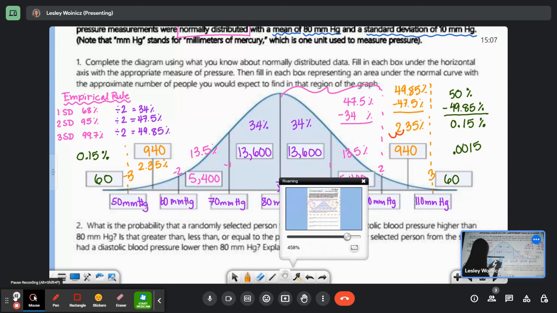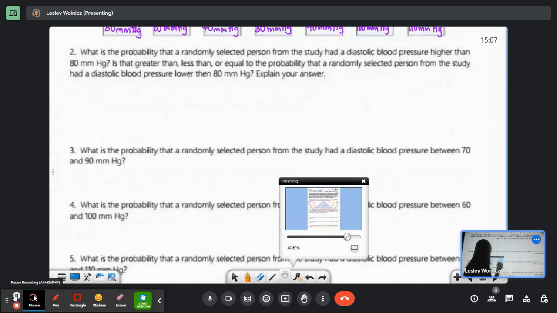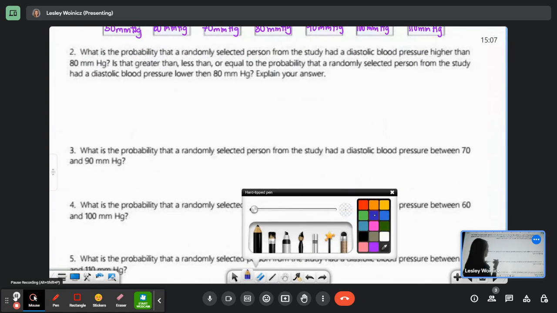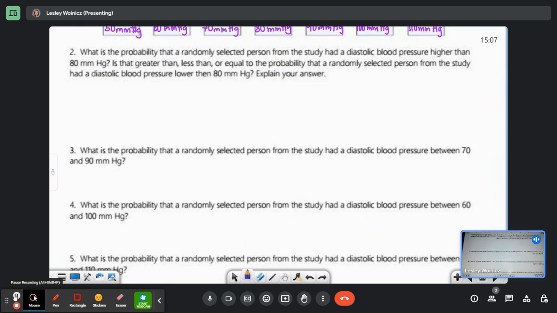Okay. All right, so now the fun part. What is the probability that a randomly selected person from the study had a diastolic blood pressure higher than 80 millimeters mercury? So the probability of greater than 80 millimeters of mercury is what? 50%, so 0.5.